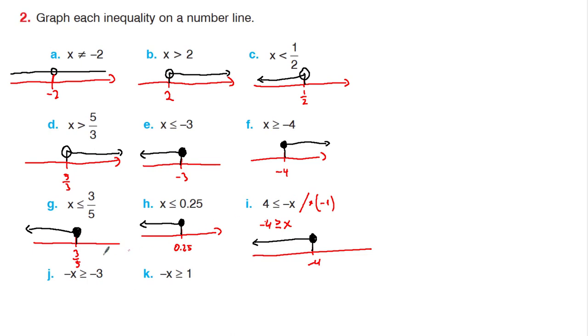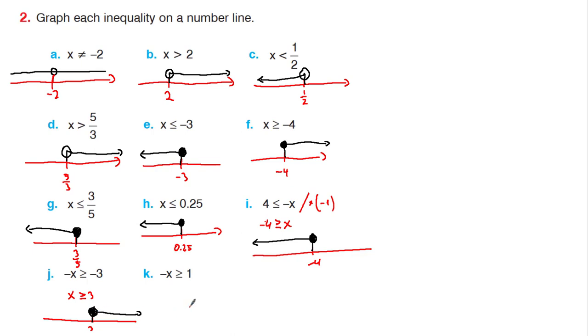Alright, under J we have the same situation. We multiply both sides by negative 1, so we get x is greater than or equal to 3. And represented on a number line, it would be something like this. x is greater than 3, so from here and on, also including 3.